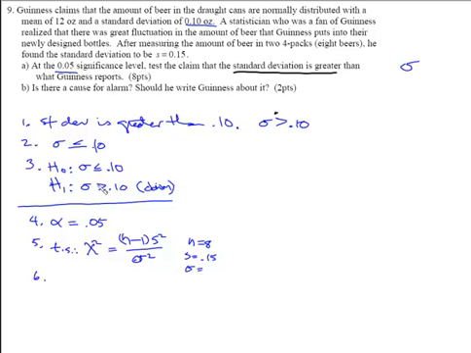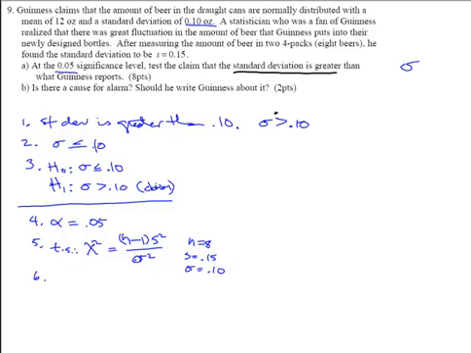Now I know that we're testing sigma is greater than 0.10, but in the null hypothesis there's a condition of equality that says sigma is equal to, and so that's what we'll use for sigma.